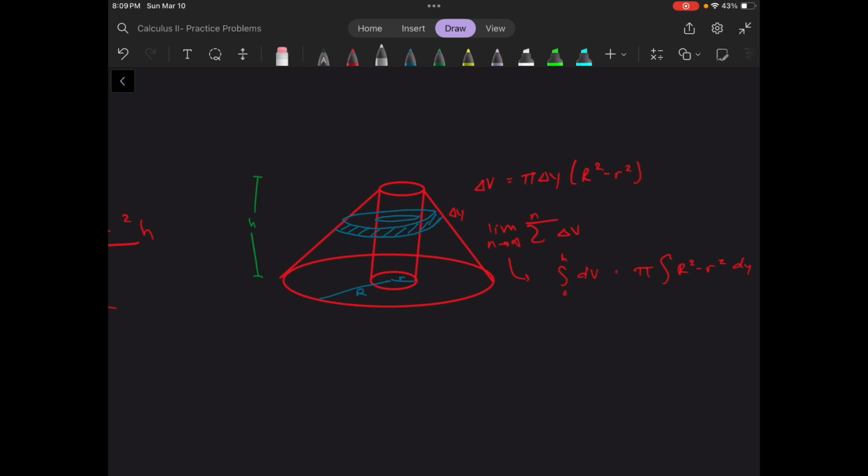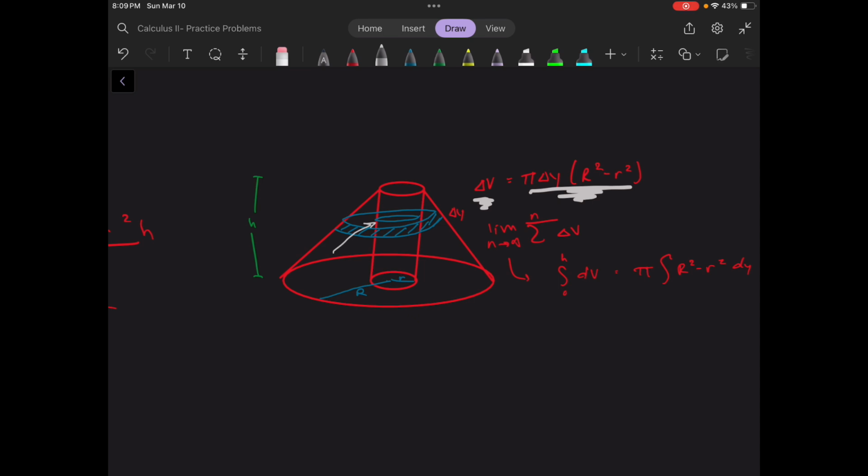So what we could do is take a slice and revolve it, and notice now, instead of being a disk, it is a washer, hence the name, the washer method. So we can find the volume of that little slice, which is the same as that of the cylinder, except it has a height delta y.